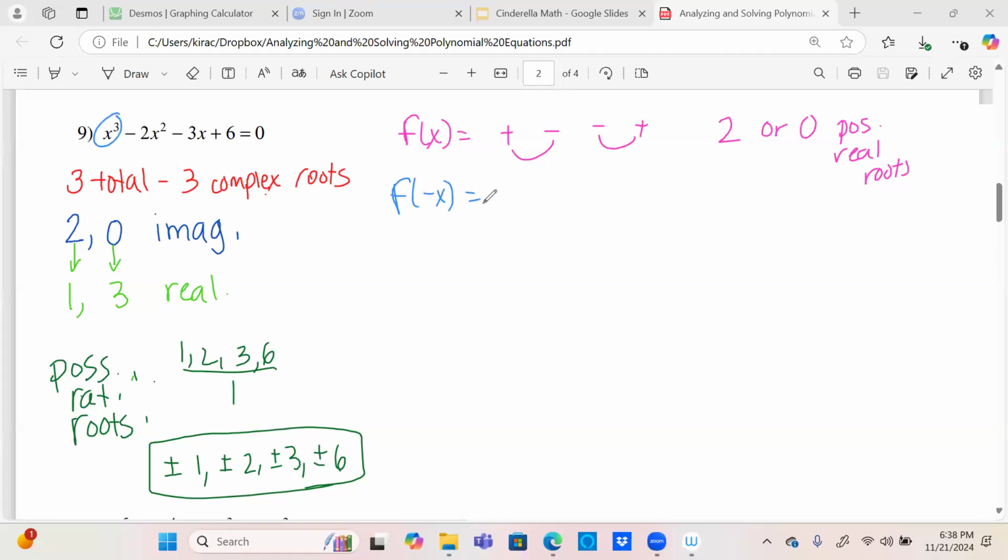So this one would change, it was positive, so now it's negative. This stays the same. This would change from negative to positive. This stays the same. So we have 1 negative real root. I can't go down, right? Because if I were to go down an even number, that would put me at negative 1, and that makes no sense. So it's just 1.